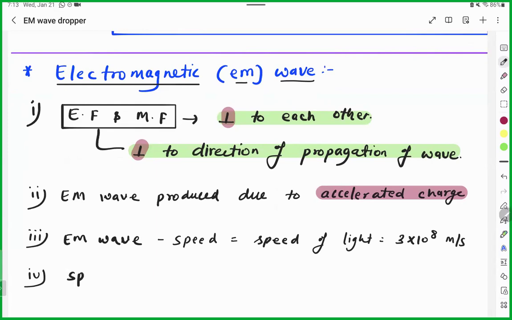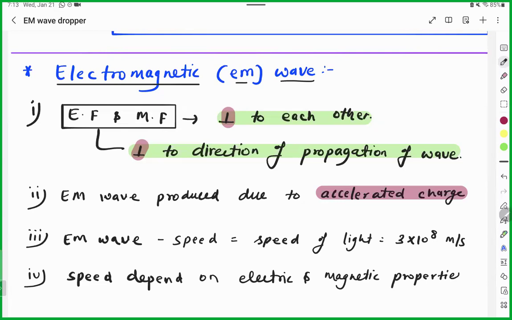Speed depends upon electric and magnetic property of the medium.